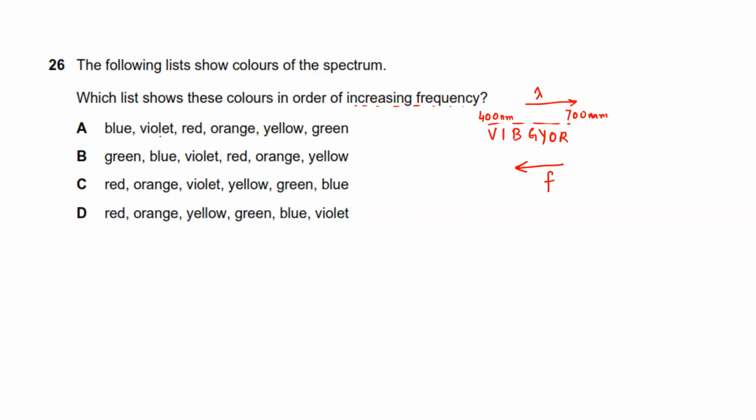Blue, then violet, yes. Then red, no. Green, blue, violet, yes. Red, no. First is red, then orange, then violet, no, violet should be later. So red, yes, orange, yes, yellow, yes, green, yes.